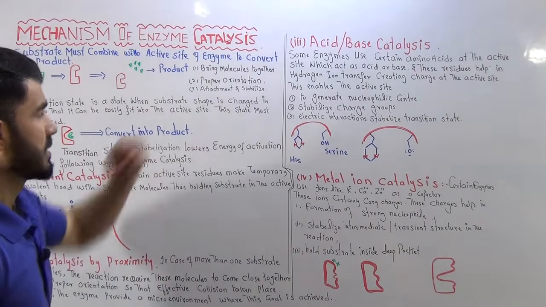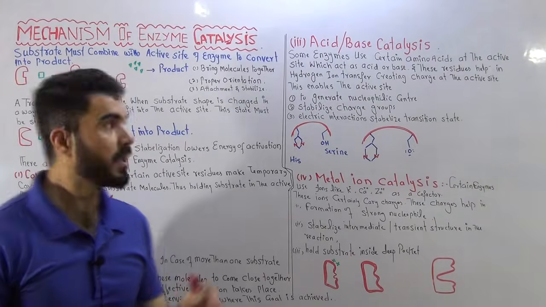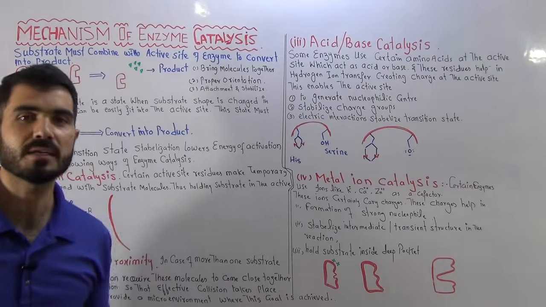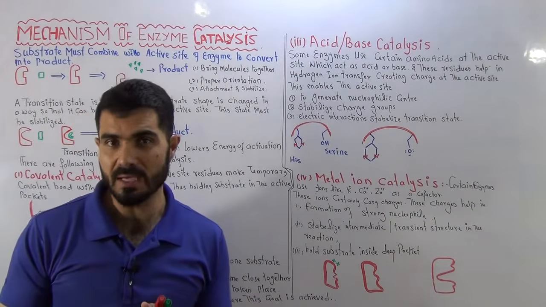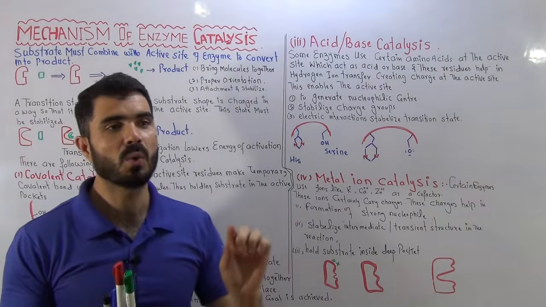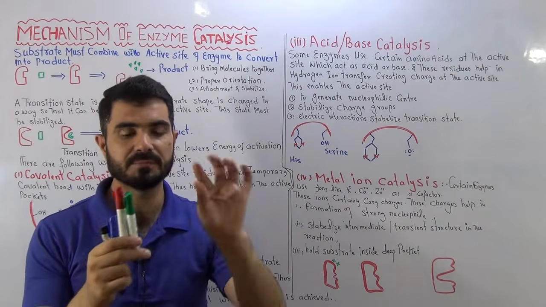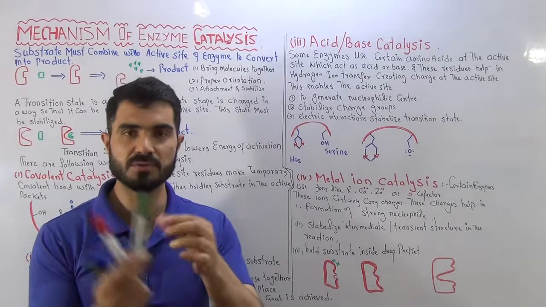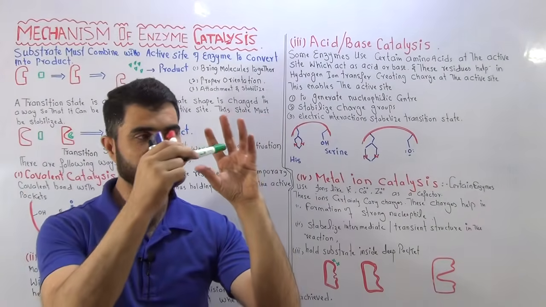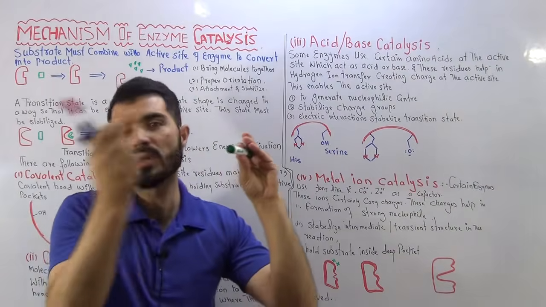come to the word catalysis first. What is meant by catalysis? Catalysis can be defined in two ways. The first one is simple, means when a substrate, this is your substrate and this is your enzyme, attaches with the enzyme, it is converted into product.